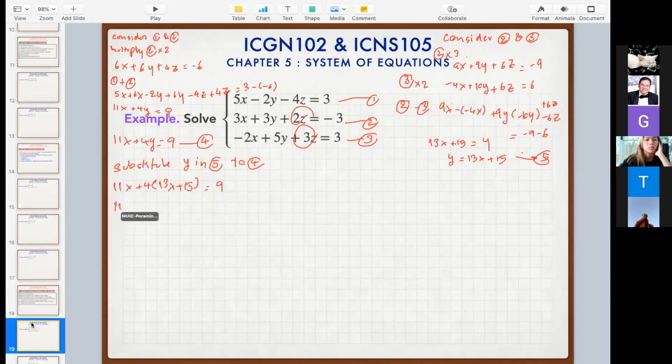So I get 11x plus 52x plus 60, sorry, equals 9. Then I get 63x equals 9 minus 60. So x equals negative 53 over 63.